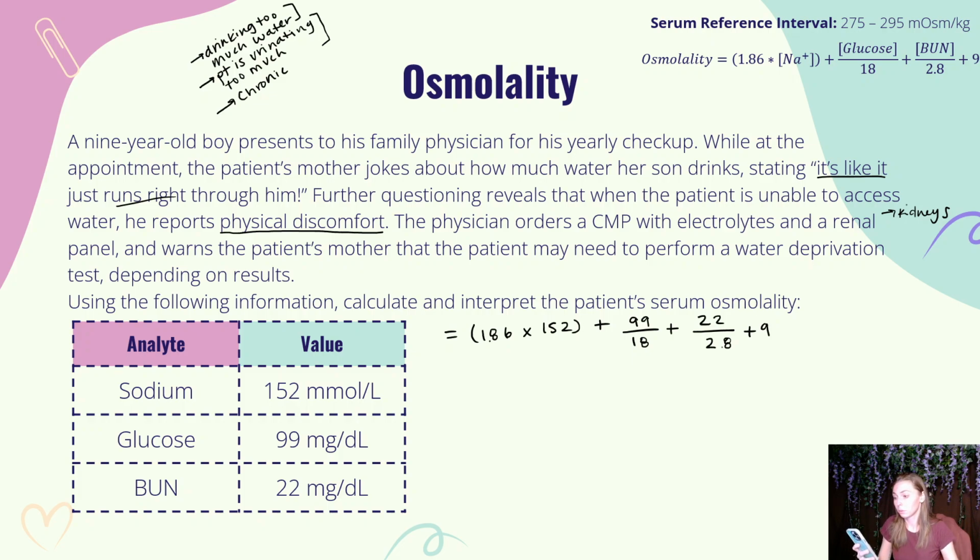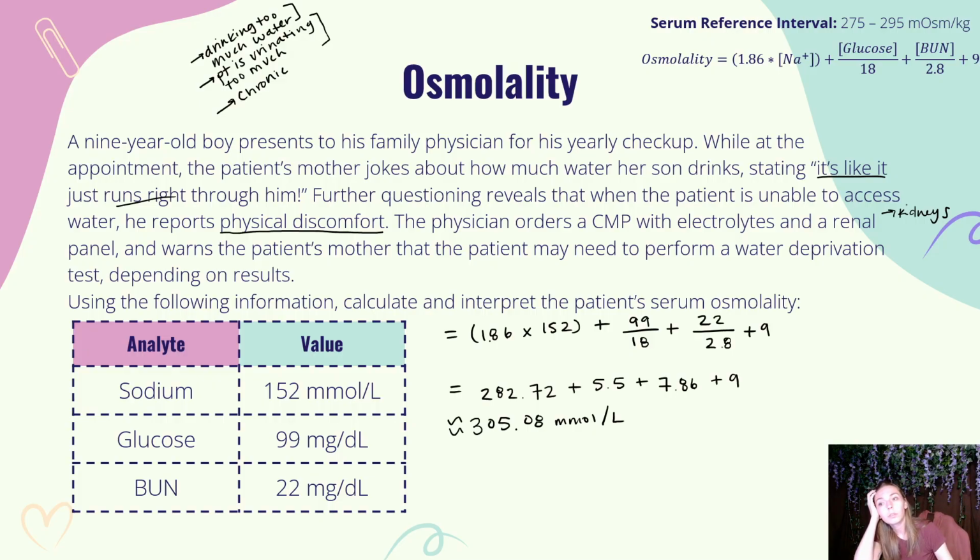So 1.86 times 152 is 282.72, plus 99 over 18, 5.5, plus 22 over 2.8, 7.86, plus 9. 282.72 plus 5.5 plus 7.86 plus 9 is going to roughly equal 305.08 millimoles per liter. Okay.